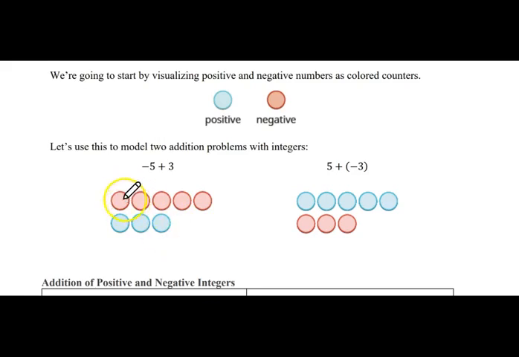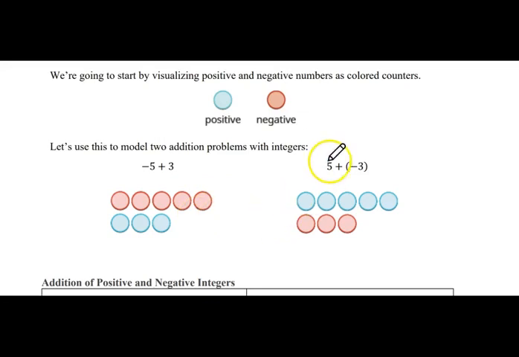So the rule is that the red and blue circles will cancel each other out, and whichever circles are the more of them, that's going to be the answer. So adding -5 plus 3, you see that the overlapping part is the 2 red circles. So it is -2. The answer is -2.